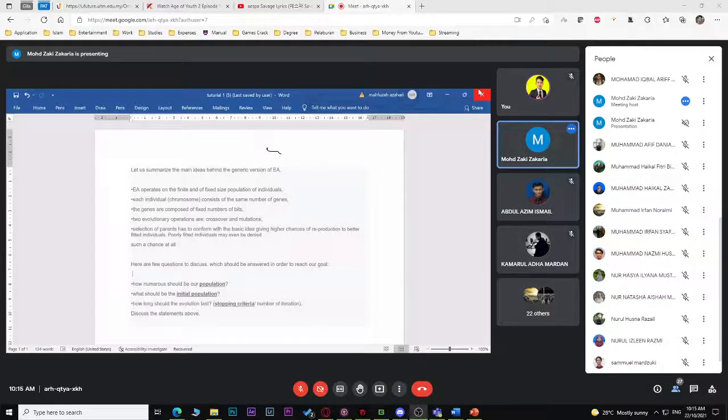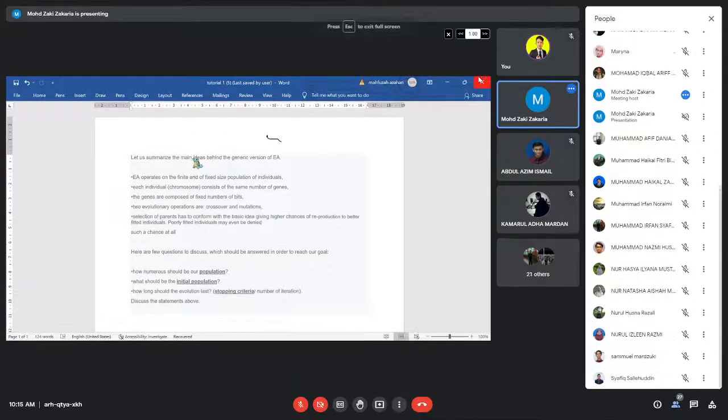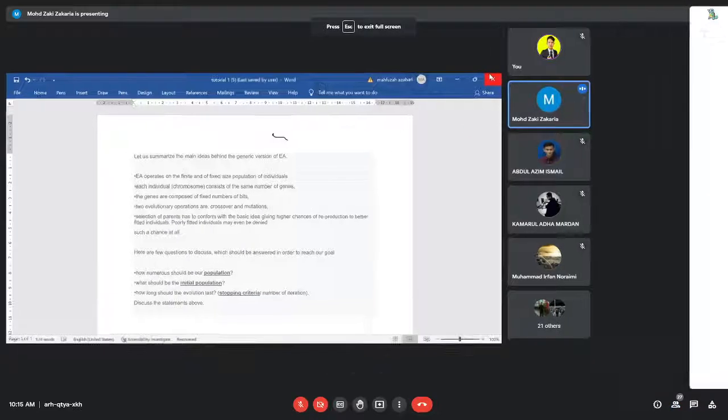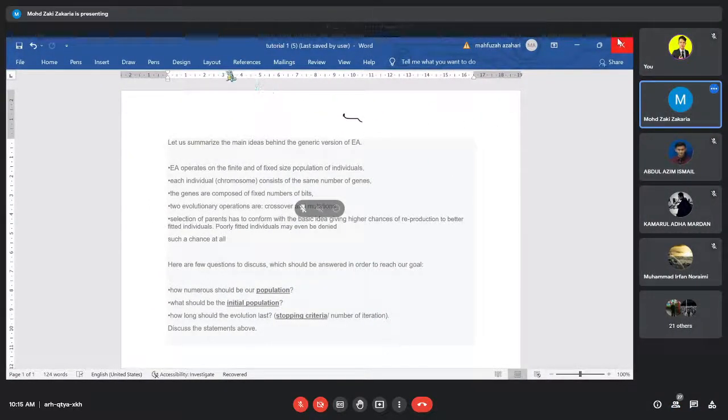EA operate on a finite and fixed-size population of individuals. During development, we need to decide the population size.